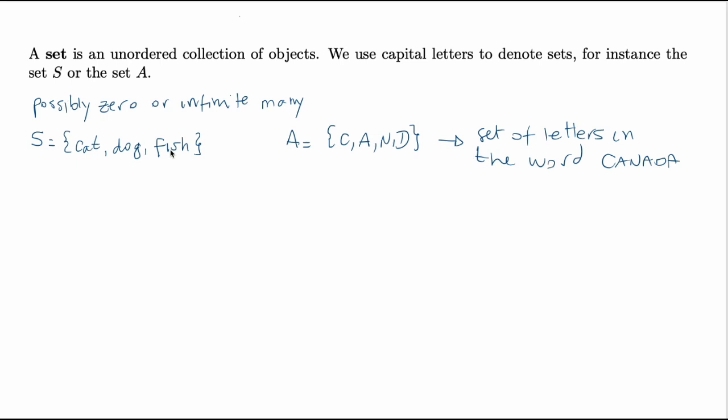And usually we use these curly brackets, curly delimiters, to say that inside this set S we have these kinds of objects, or elements.